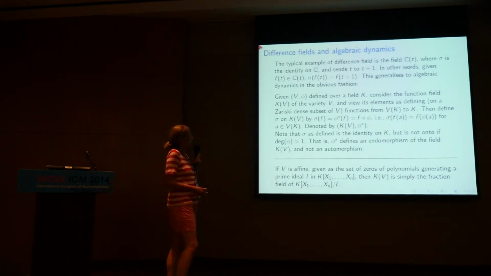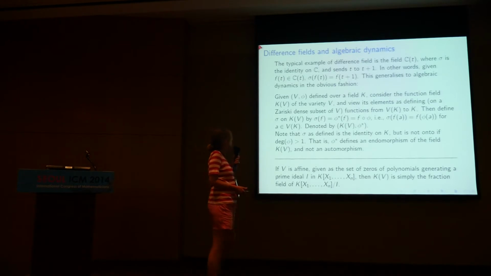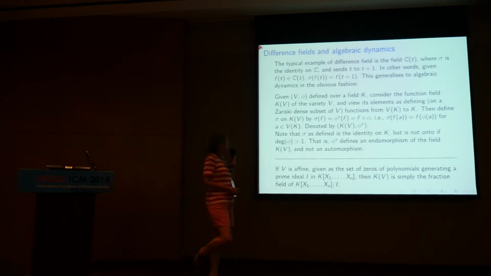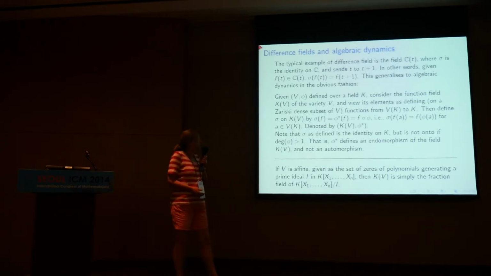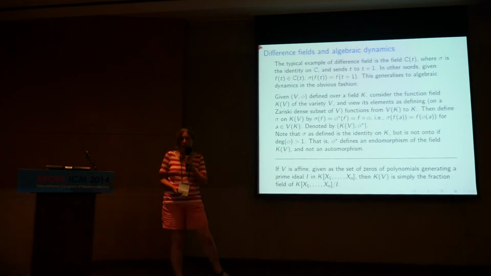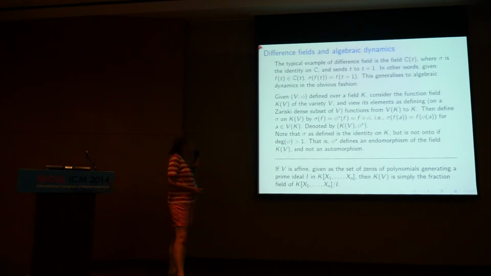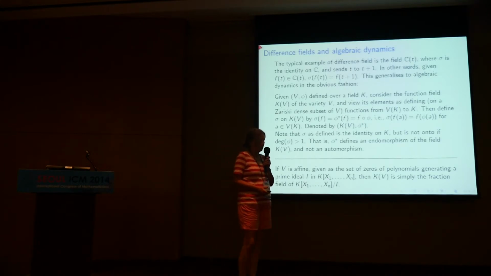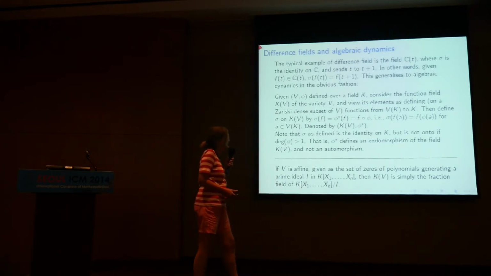So this difference field, I denote the endomorphism by phi star. You notice that, first of all, phi star is going to be the identity on the ground field K. That's by definition. And usually it's not going to be onto, simply because phi is probably not injective.